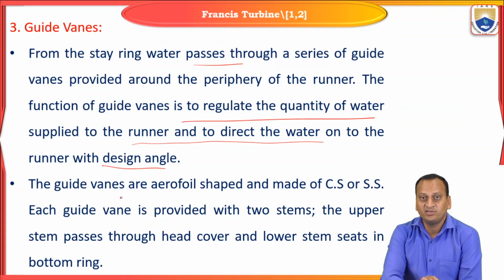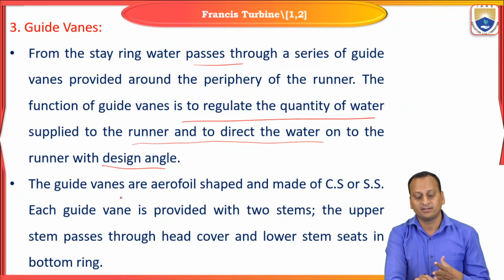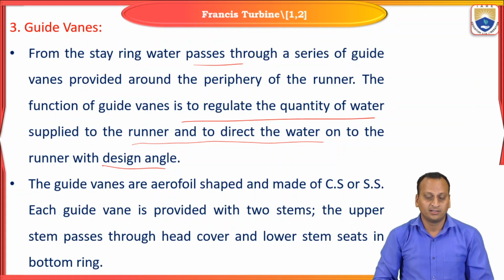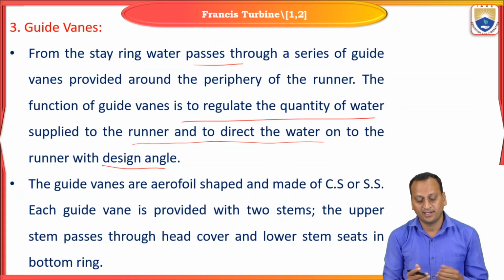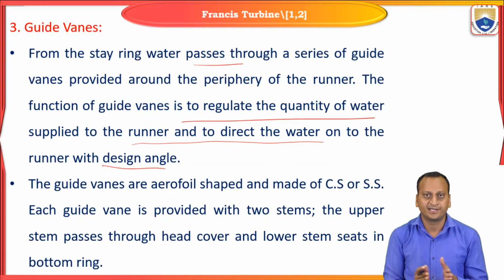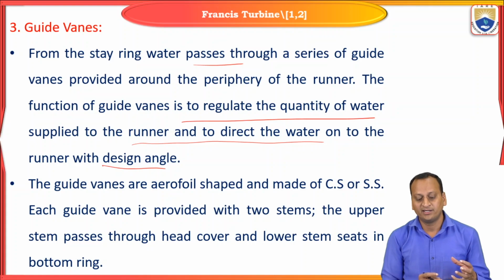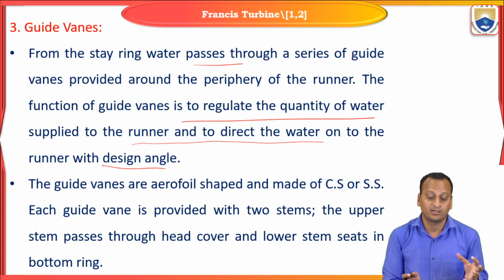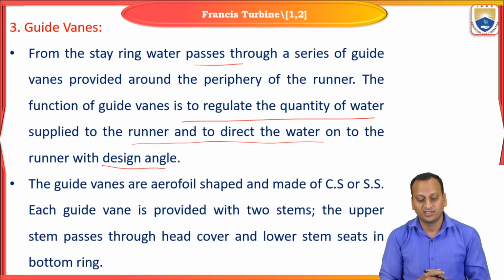Therefore, the guide vane angle is directly connected with a governing mechanism. As the angle between the guide vanes is reduced, the amount of water supplied to the turbine will be reduced when there is no requirement of power from outside. If there is high requirement, the guide vane mechanism, as it is connected to a governor, will open the angle between the guide vanes automatically.